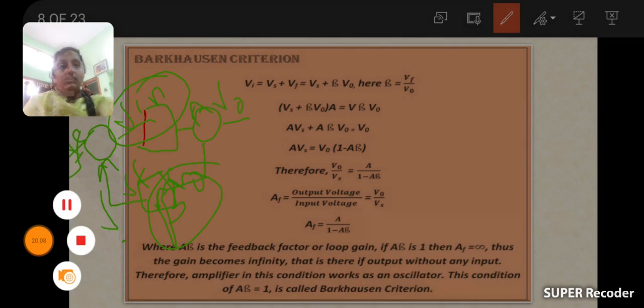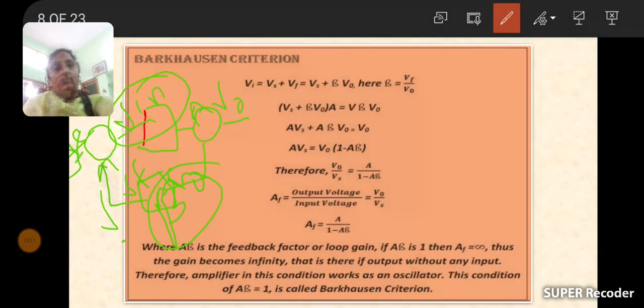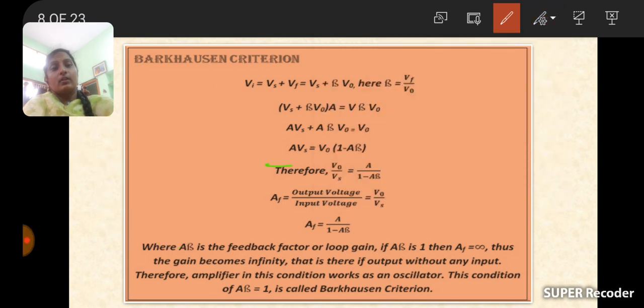After substituting the values here, we are getting A Vs is equal to V naught into 1 minus A beta. Therefore V naught by Vs is equal to A by 1 minus A beta.